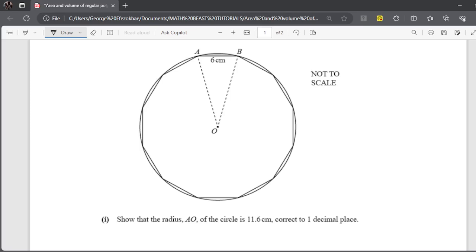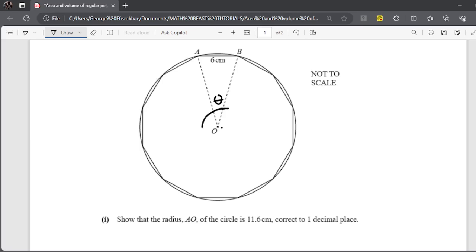With that in mind, we need to understand that the 12 sides of the regular polygon will form 12 identical triangles at the center of the circle. So you can see that the triangles will be like this, 12 of them just like that. So all we need to do now is find the angle at the center of each triangle.